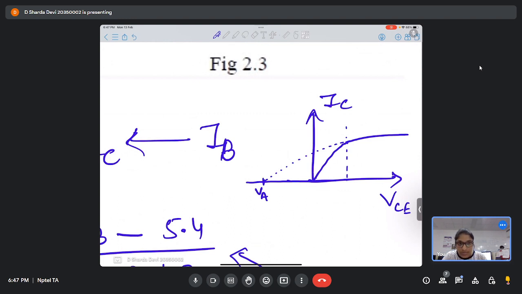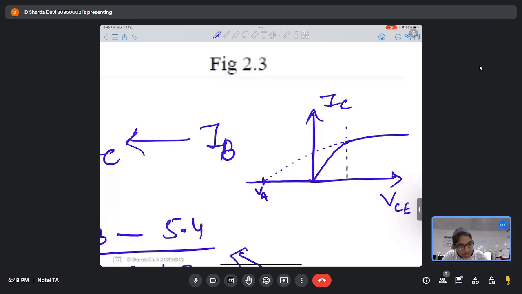Okay, so we are simply extending this curve such that it meets the voltage axis at a point where the current is 0. Here at VA you can clearly observe, right, current has gone to 0. Is this clear? Yes, ma'am. So when you extend the curve and current goes to 0, that voltage we call the Early voltage.